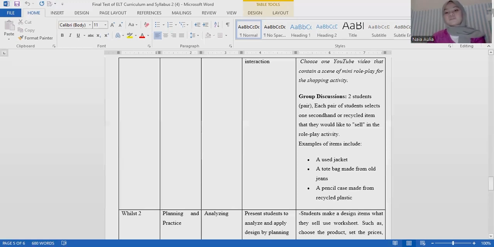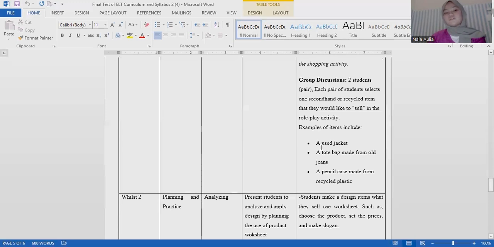For example, a used jacket, a tote bag made from old jeans, or a pencil case made from recycled plastic.